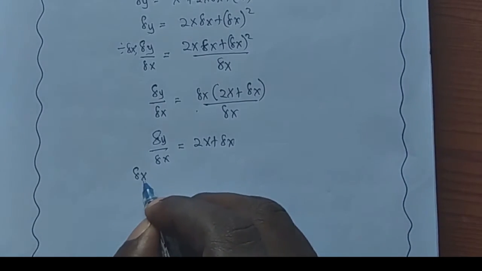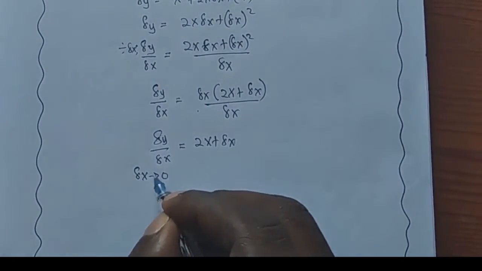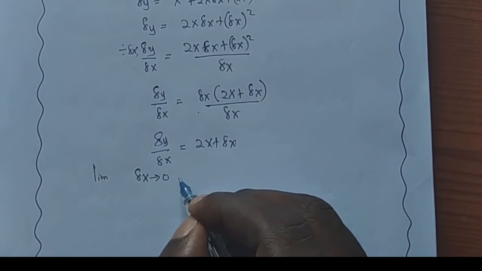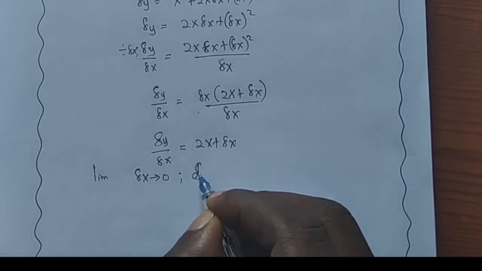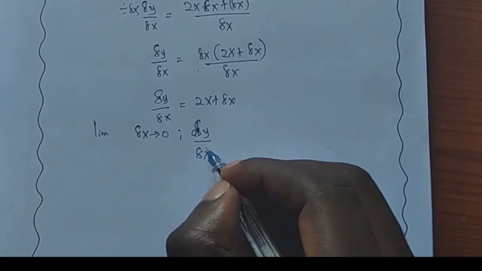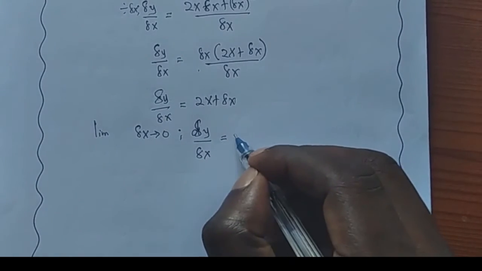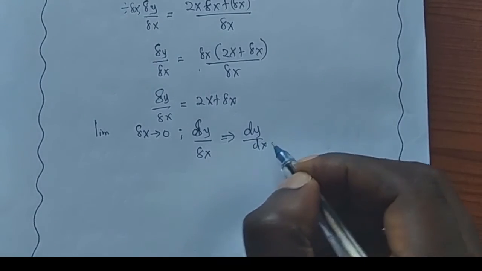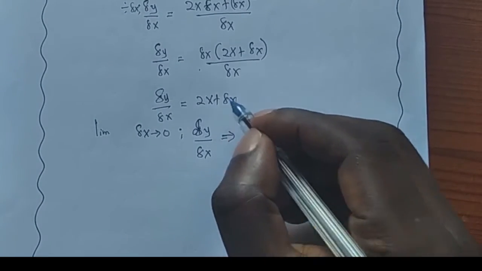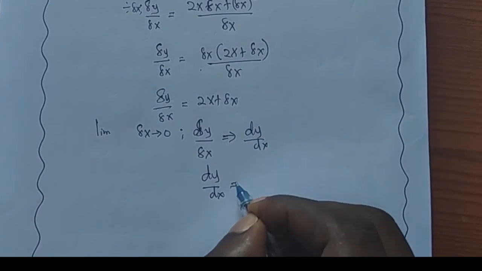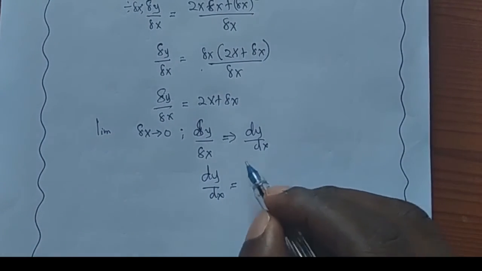So we take the limit as change in x goes towards 0, our change in y over change in x will be tending towards the dy dx, and this one also goes to 0. So we end up having dy dx is equal to 2x.